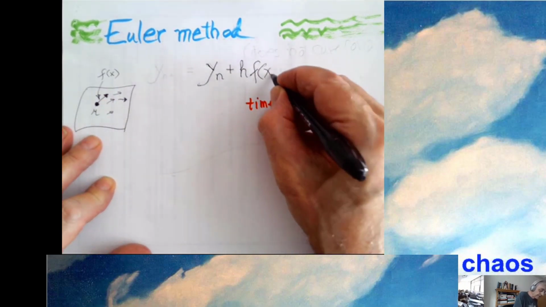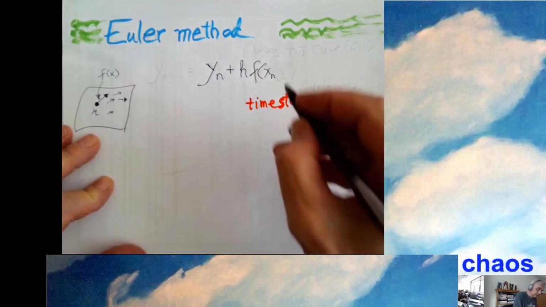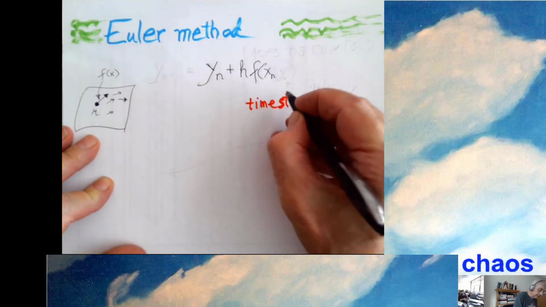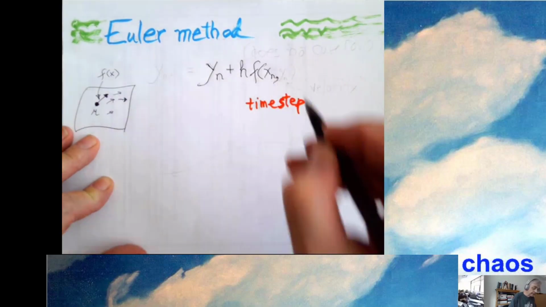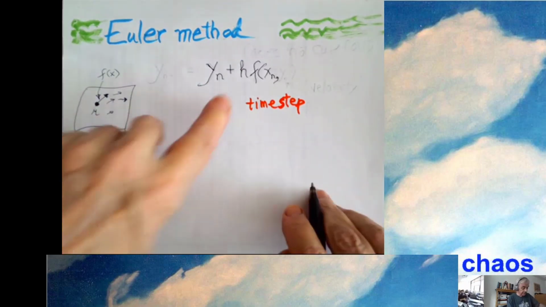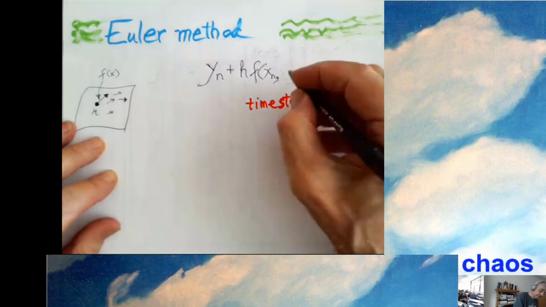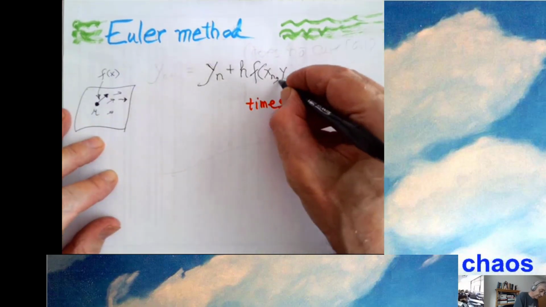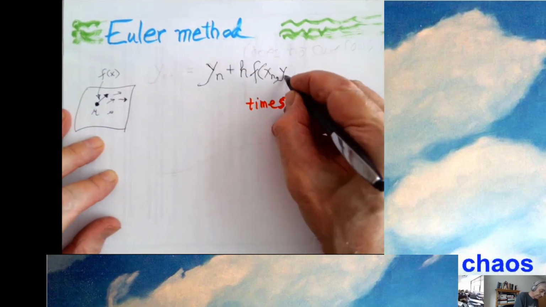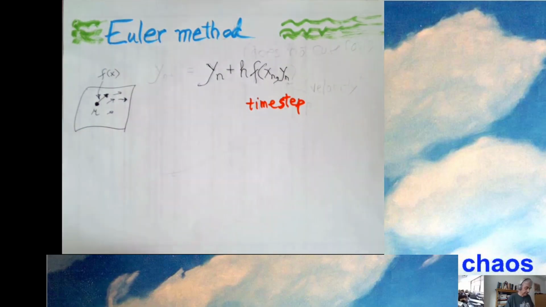This happens at an instant where my eyes were open on the road, and so this is time, and this is my position in this one-dimensional world. And this whole thing is velocity.